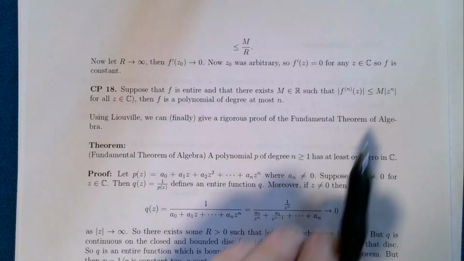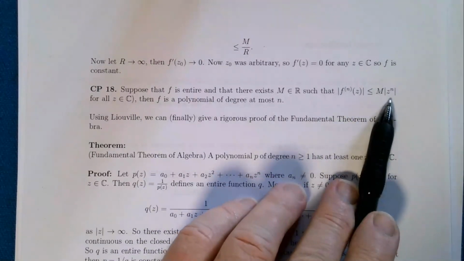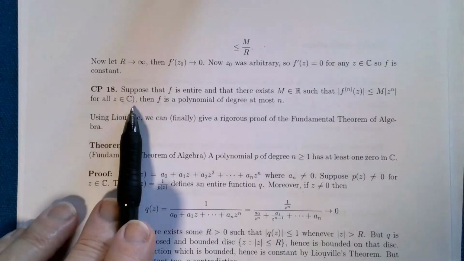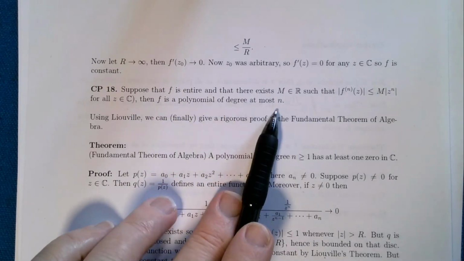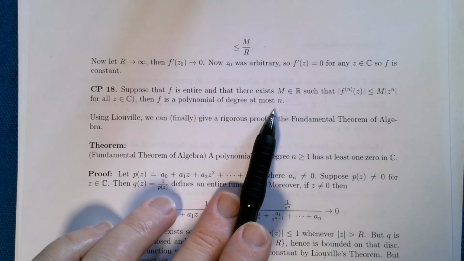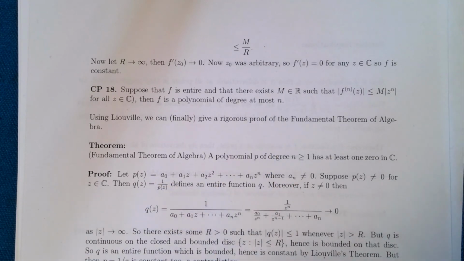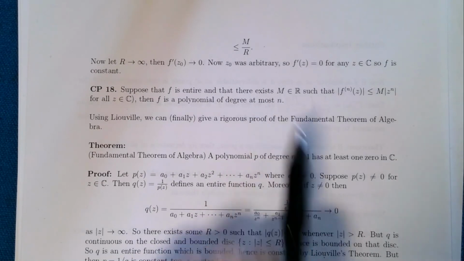That is, the modulus of the nth derivative is bounded by some constant times the modulus of this polynomial z to the n for all z in C. Then f is a polynomial of degree at most n. So this is roughly saying if you've got an entire function whose nth derivative is essentially bounded by a polynomial of degree at most n, then that function itself must be a polynomial of degree at most n.